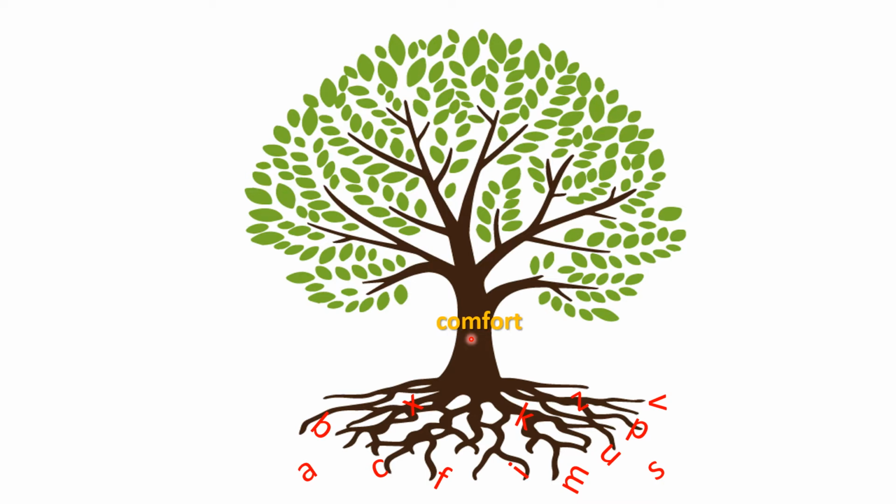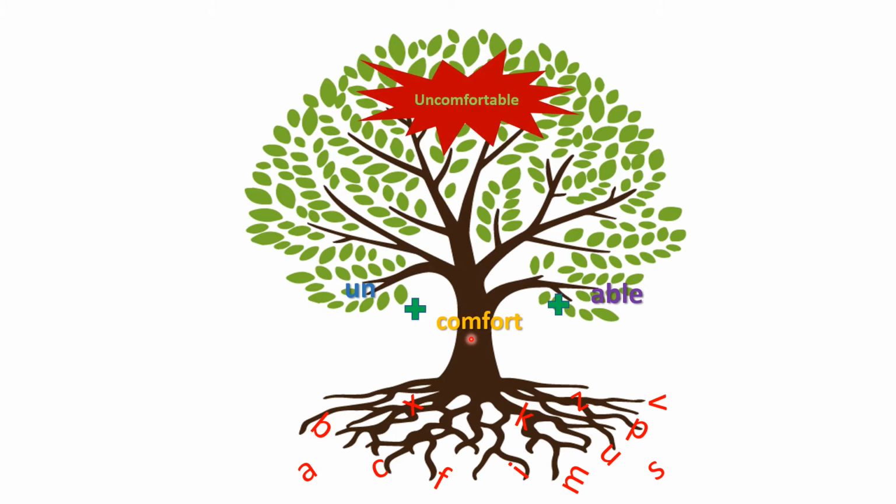Say, for example, we can add the group of letters UN, at the beginning of the word comfort. So it becomes uncomfort. Now we can add the group of letters able at the end, and it becomes uncomfortable.